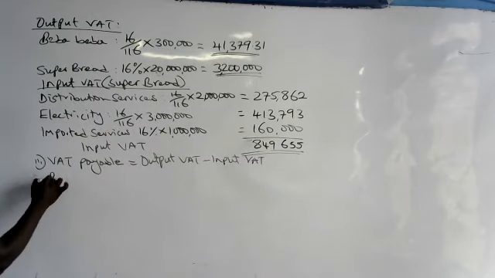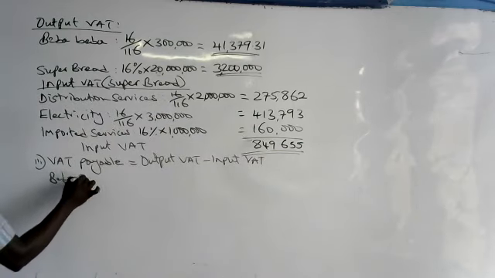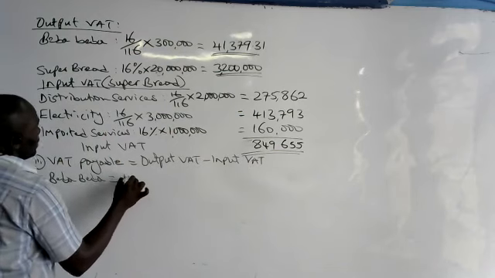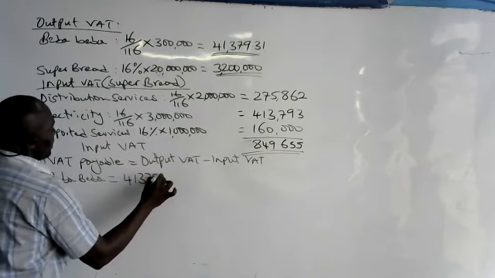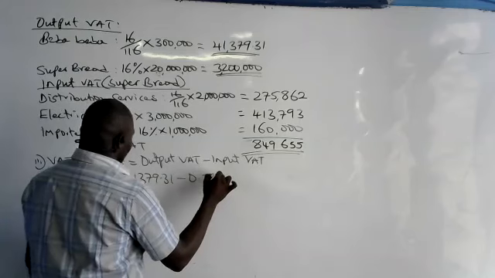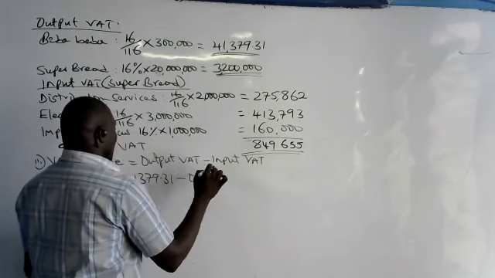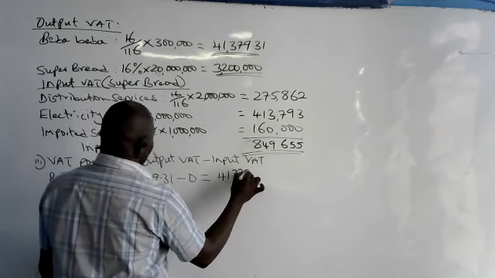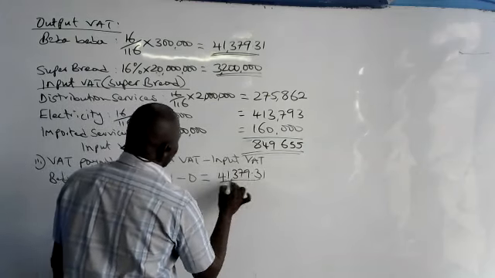For Beba, what is the output? 379.31, and the input is nil.